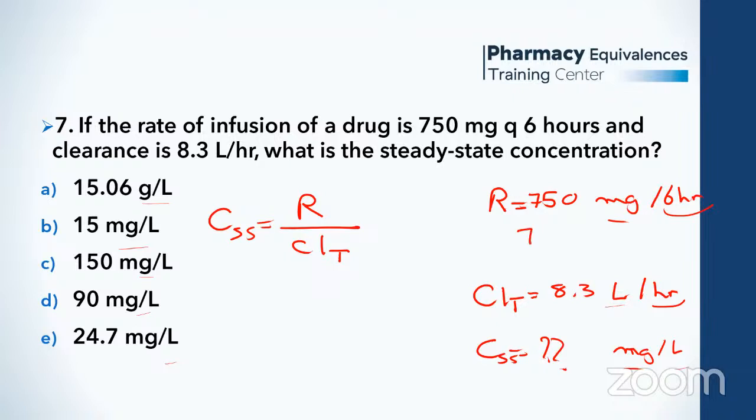So 750 per 6 hours. How many milligrams per 1 hour? Divide by 6. If you divide 750 by 6, it will be 125 milligrams per hour. So the number that you should divide by the clearance is 125 over 8.3. What is the answer?